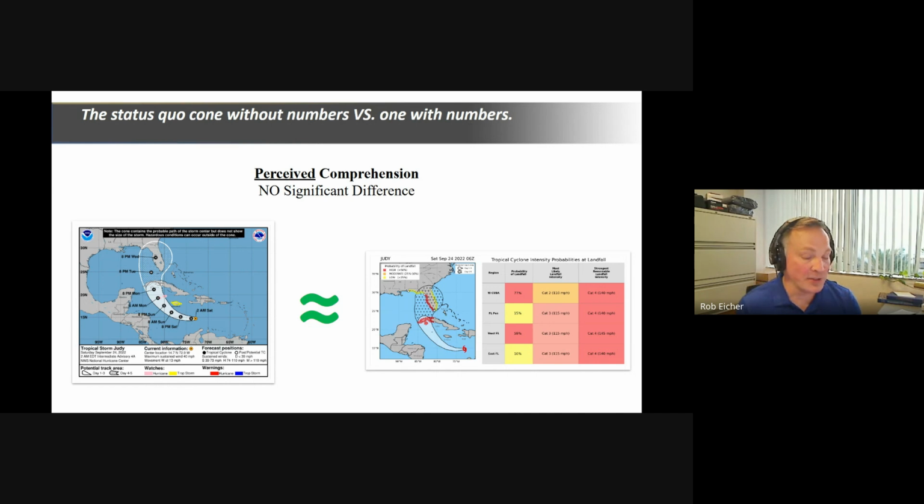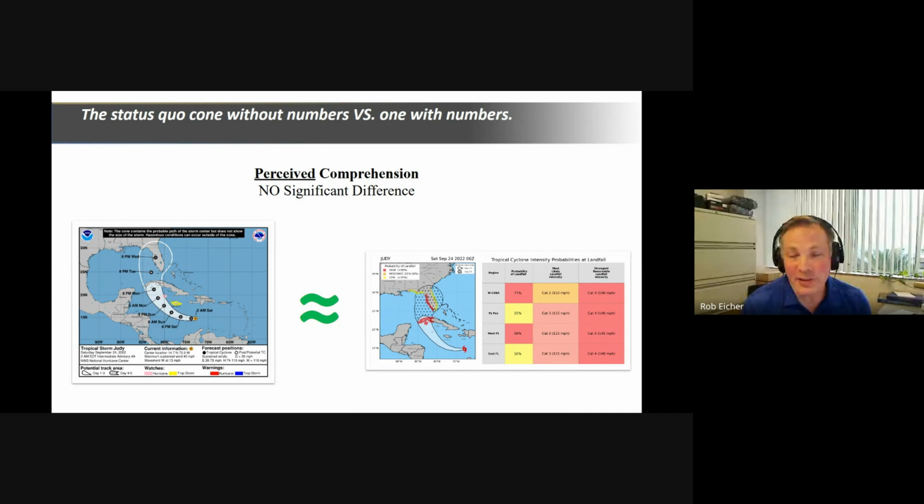Next slide. And what we learned, and this was encouraging, when we asked them questions along the lines of, do you think you understand this graphic? Do you think you could paraphrase the information in this graphic? The results were similar to the currently operational forecast track cone. We tested against the forecast track cone, not because this graphic is supposed to replace it in any way, but because we wanted a baseline for comparison. Since it's the most viewed graphic that the Hurricane Center issues, we thought that's obviously the gold standard.